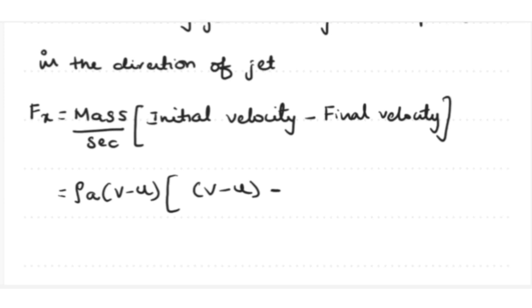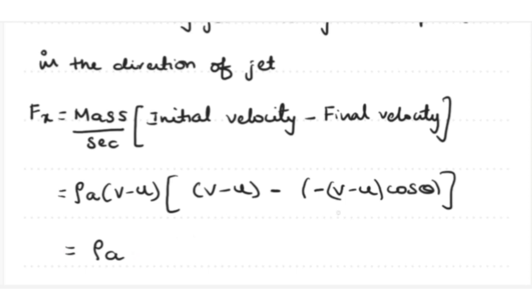So I should substitute here now minus v minus u cos theta, rho into A. You can see v minus u is common everywhere. So v minus u into v minus u is v minus u whole square.